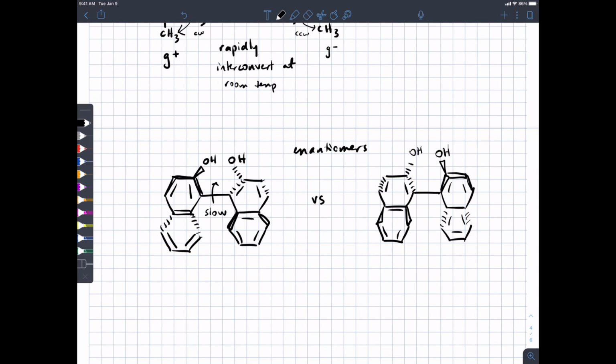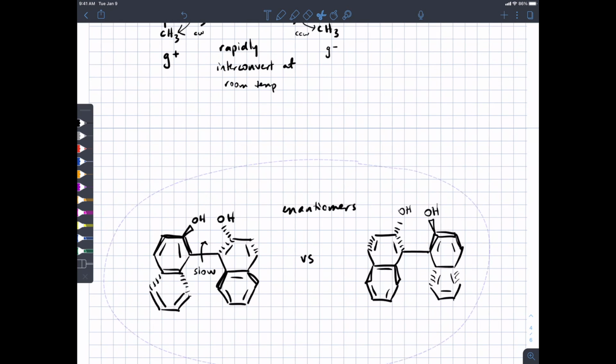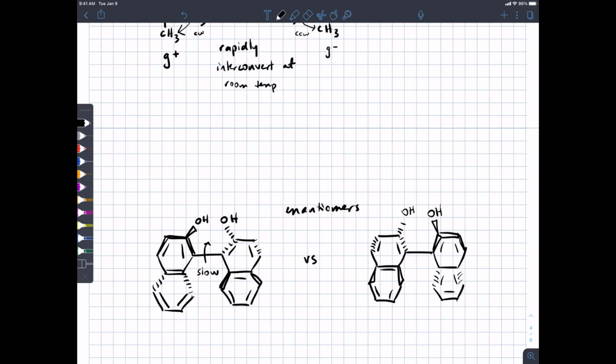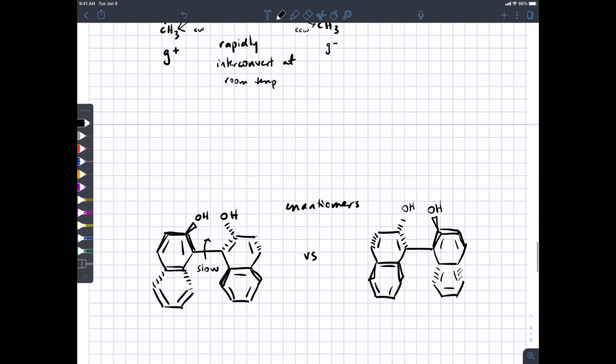These two are enantiomers, and that is a correct term, but another word you will hear people use to describe molecules where enantiomers could be interconverted by rotation around a carbon-carbon bond, but rotation is slow, is atropisomers. So you'll occasionally hear people use that word.